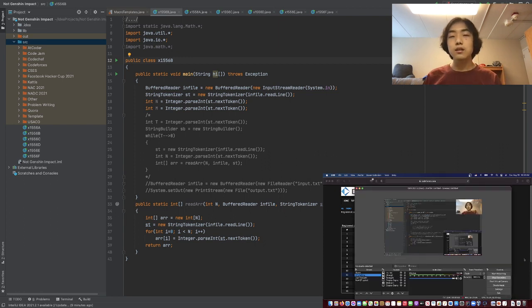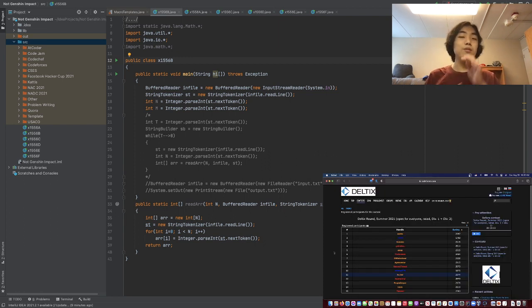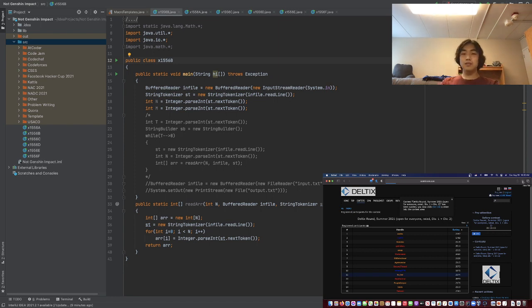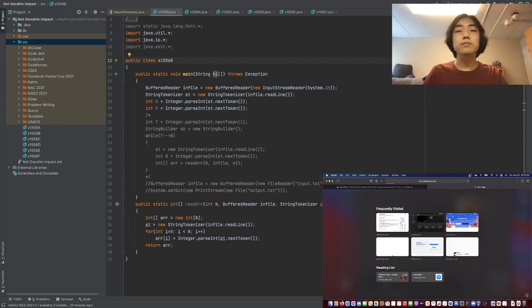So yeah, this is Deltix round, summer 2021. I want to start on B, because why not? It's taking a while to load. Let's open up M2. Oh, M2 is loading as well.